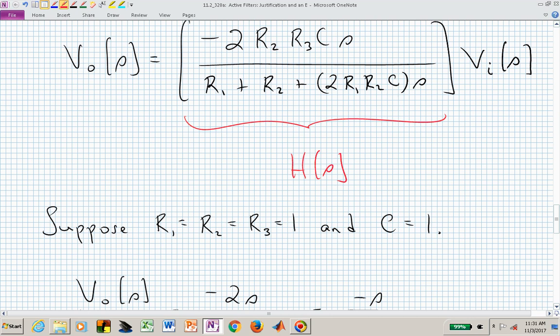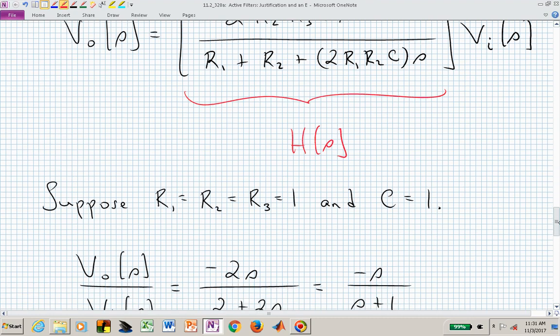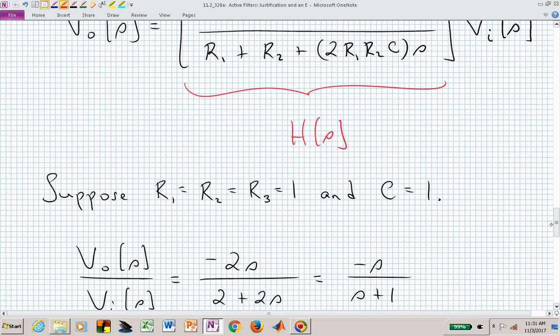So upstairs we have minus 2s in the transfer function between V sub I and V sub 0. Downstairs we have a 1 plus 1, so there's a 2, plus a 2 times R1, R2C. Again, that product collapses. They're all 1s, so that's plus 2s. And now we have a transfer function for specific parameter values.